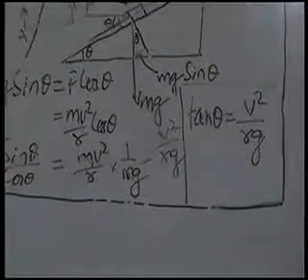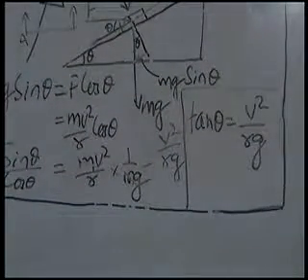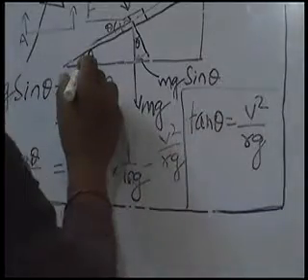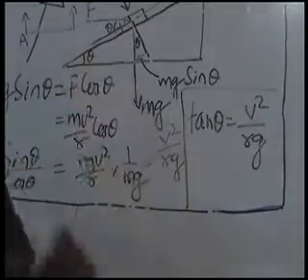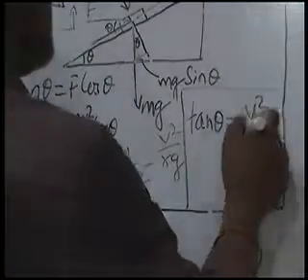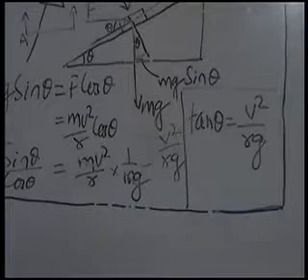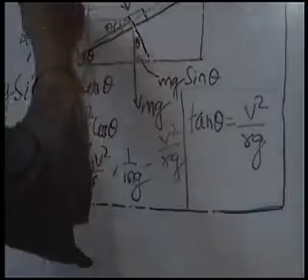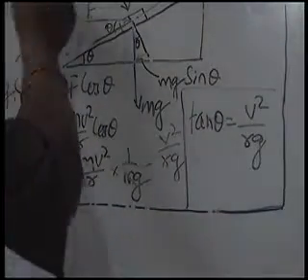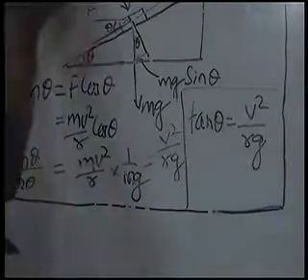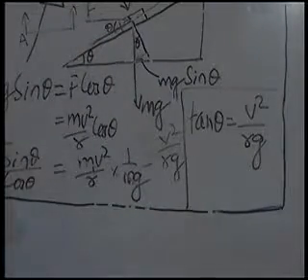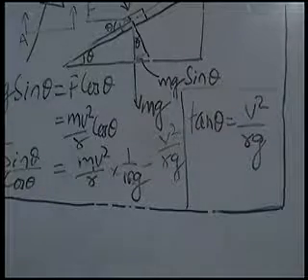For a given inclination, the variables are v and r. If the radius of curvature is fixed, if it is having a certain radius of curvature r, then r will be fixed and theta will be fixed.